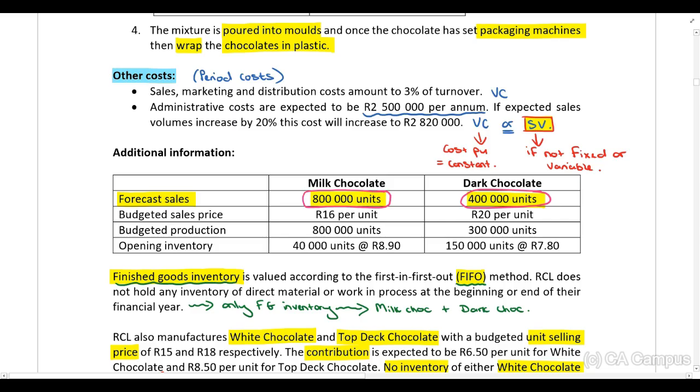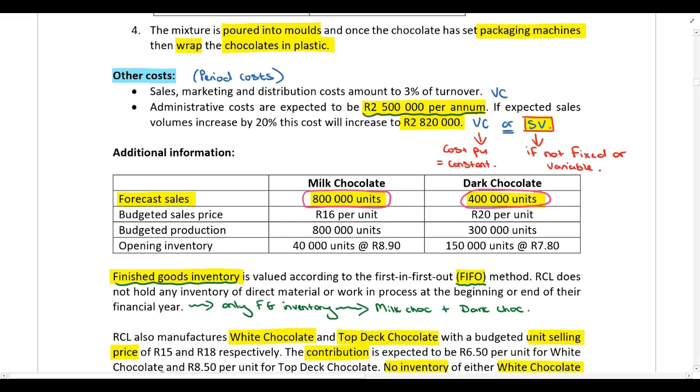Well, guys, we know that if they sell 2 million units, the admin cost will be 2.5 million Rand per annum. On the other hand, if they sell 2.4 million units, then the cost is going to increase to 2.82 million Rand. So we've got two different costs with two different sales levels, meaning we can use the high-low method to split this semi-variable cost into its fixed and variable portions.